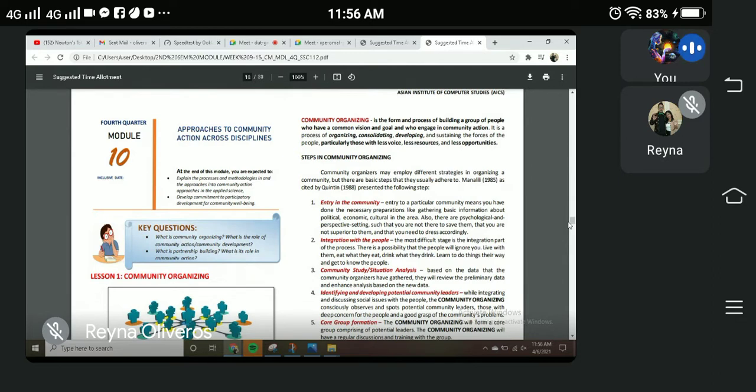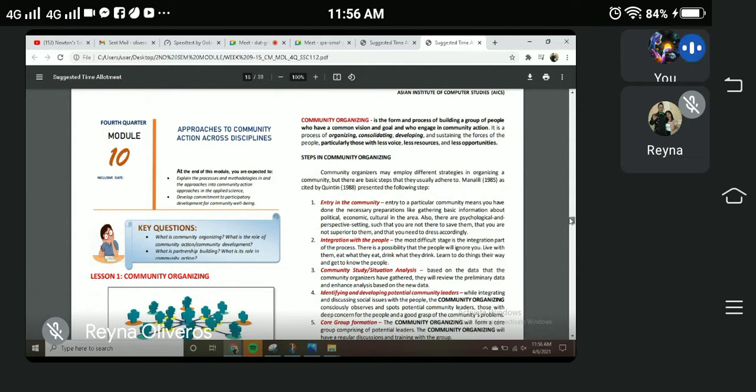It also enhances the development of commitment of every participatory development for community and well-being. So, let us proceed now with community organization, our lesson number 1.